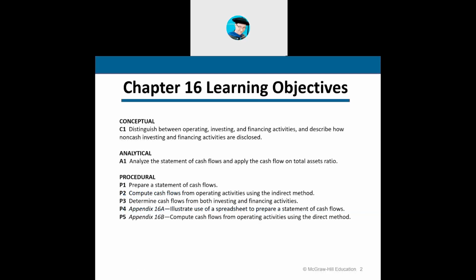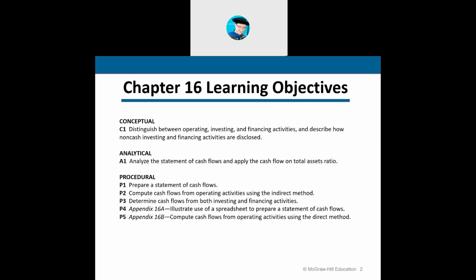We're going to talk about those activities, the uses of cash, and why we receive cash and why we pay cash. Cash is used in three primary areas of business: operating activities, investing activities, and financing activities.